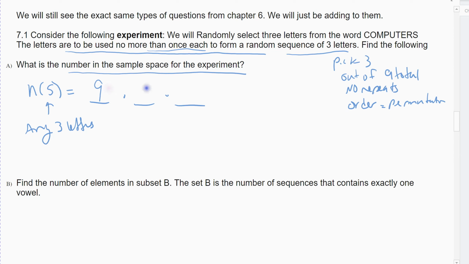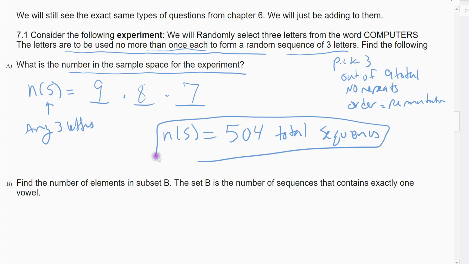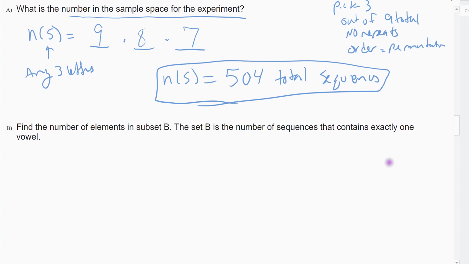So the first pick had 9, but I picked 1, so there's only 8 left over for the second pick, and only 7 left over for the third pick. And so the number in my sample space is 9 times 8 times 7, so there's exactly 504 total sequences of 3, right? 3 letters picked from the 9 letters in the word computers.